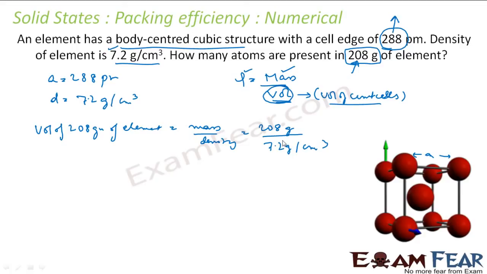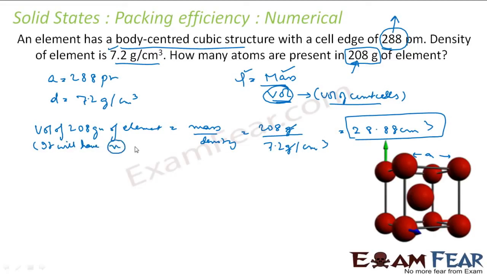Everything is gram, so I didn't convert into SI units. So gram and gram cancel. With that you get 28.88 and centimeter cube will come up. This is the volume of 208 grams of element, and it will have n number of unit cells.